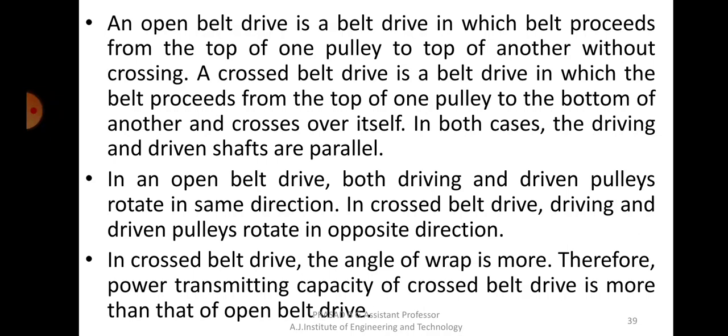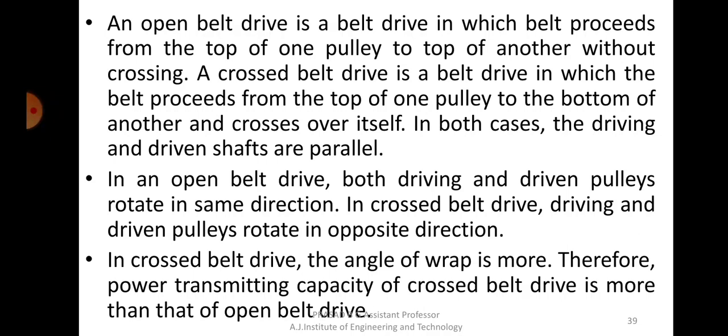So first point is, an open belt drive is a belt drive in which the belt proceeds from the top of one pulley to the top of another pulley without crossing. Right. So the top of the belt will pass through the top of the driver pulley and then goes to the top of the driven pulley without crossing over. Okay. But whereas in the case of cross belt drive, it is a belt drive in which the belt proceeds from the top of one pulley and then to the bottom of the other and crosses over itself.